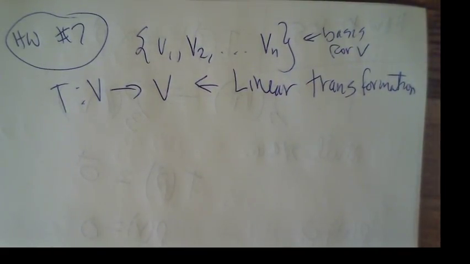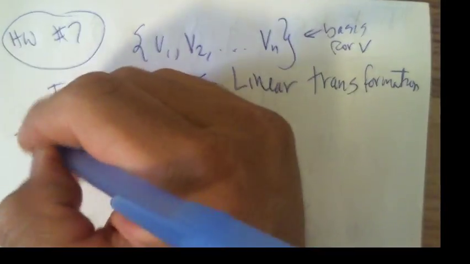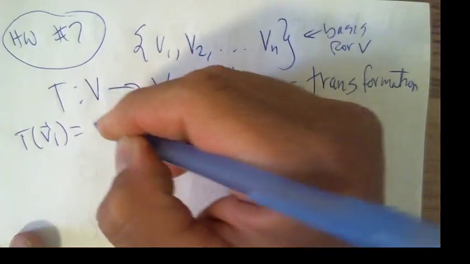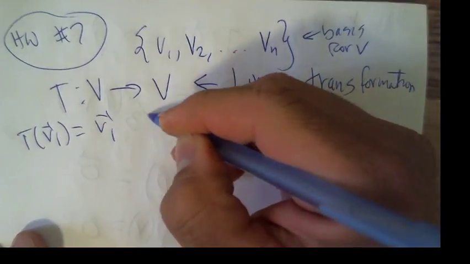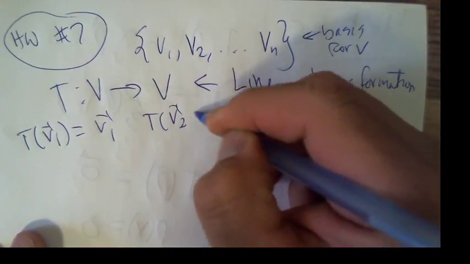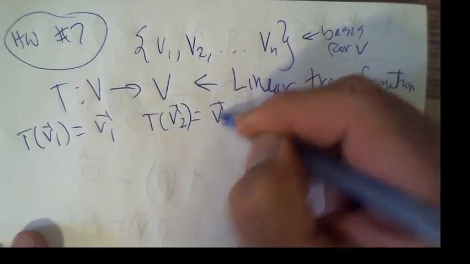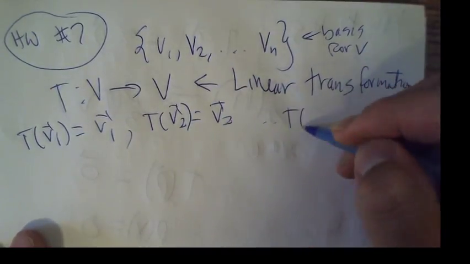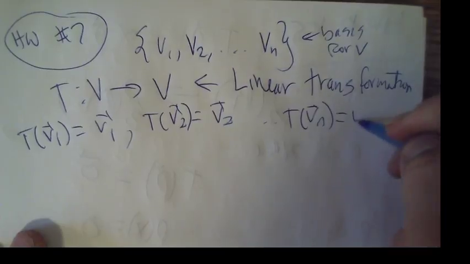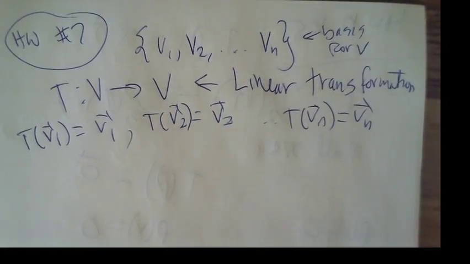So this is all the given information. The transformation of V1 is V1, the transformation of V2 is V2, and so forth. These are all the assumptions that I'm making.